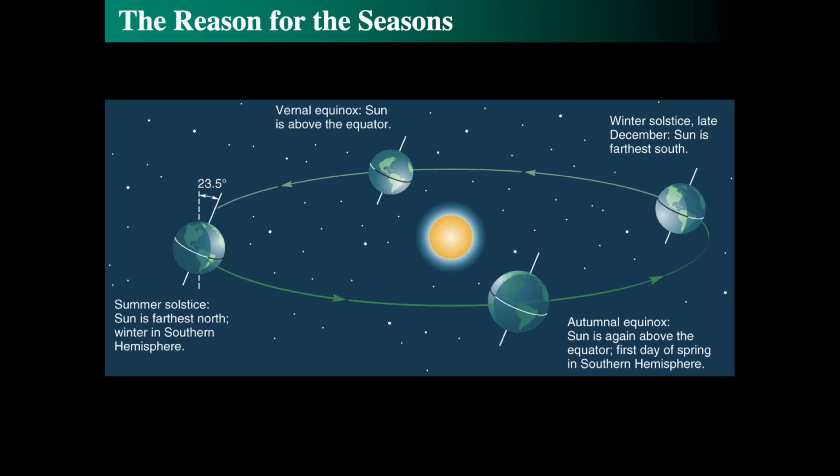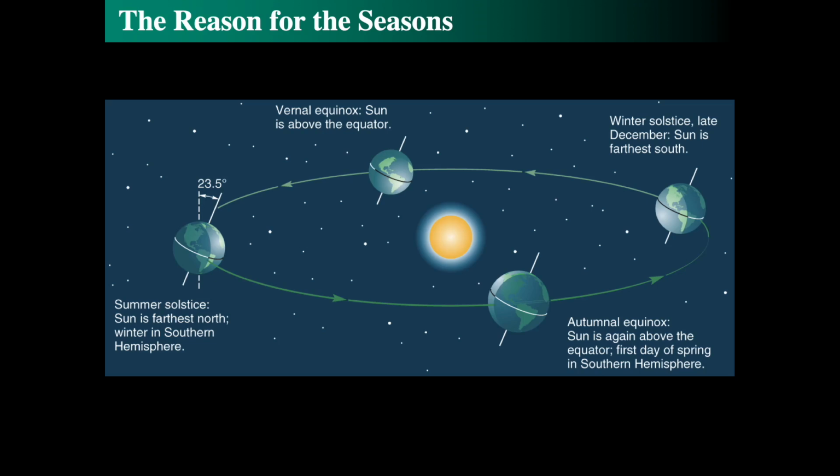The altitude of an object is the height of that celestial object measured at an angle above the horizon. And the sun has a higher altitude in the summer than it does in the winter in the northern hemisphere. The solstices are the points on the celestial sphere where the sun reaches its northernmost and southernmost points.